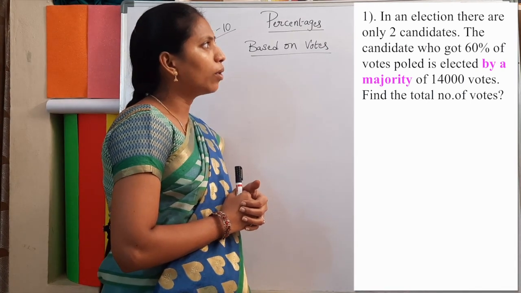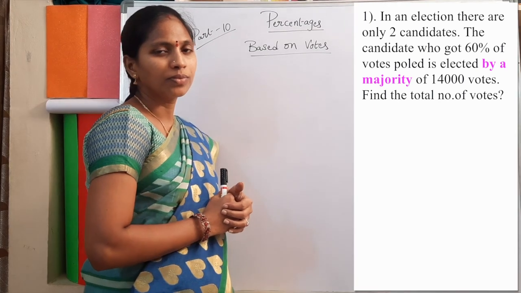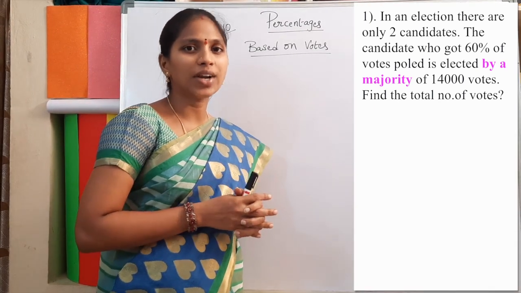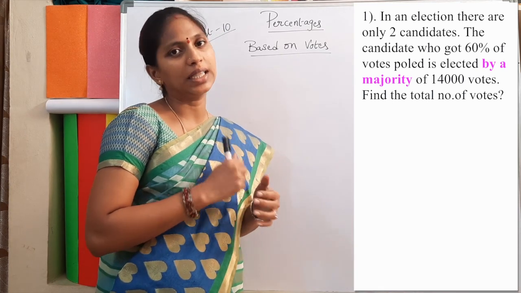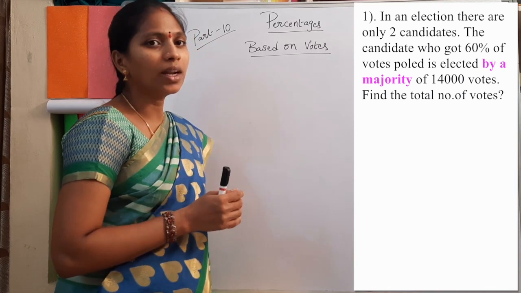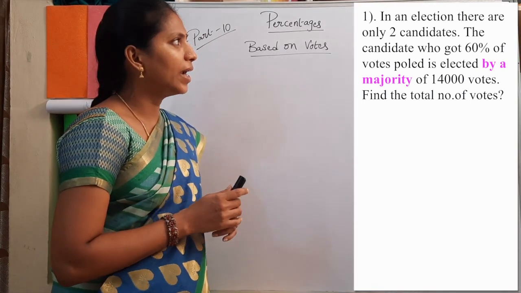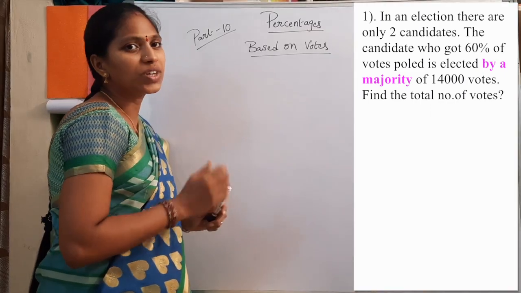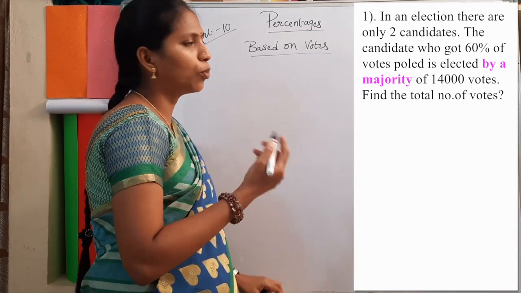Find the total number of votes. This is the question. First read the question, then understand the question. This is very important in this concept. What is the question? In an election, there are only two candidates contested. The candidate who got 60% of votes polled.